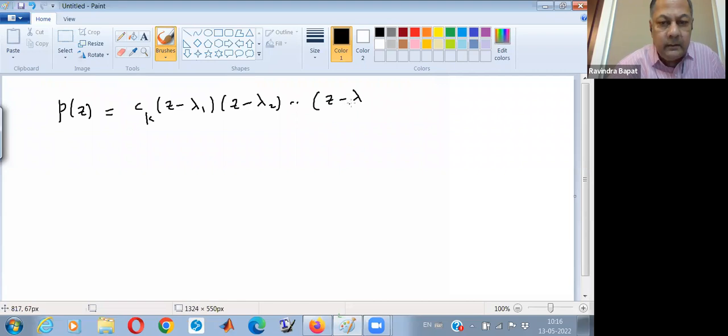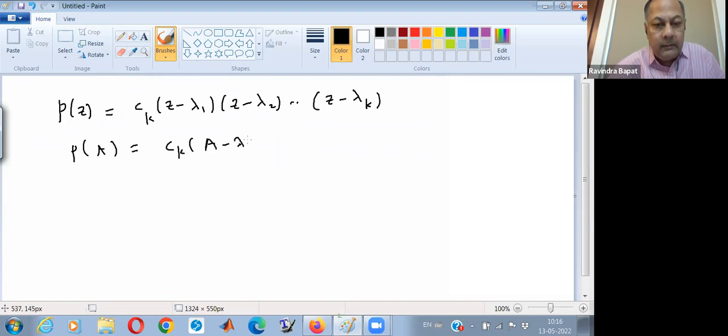Suppose it is of degree k. So factor it, and now if you substitute A, the matrix polynomial will be (A minus lambda 1 I) up to (A minus lambda k I).